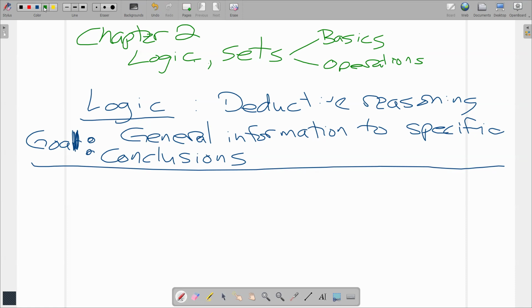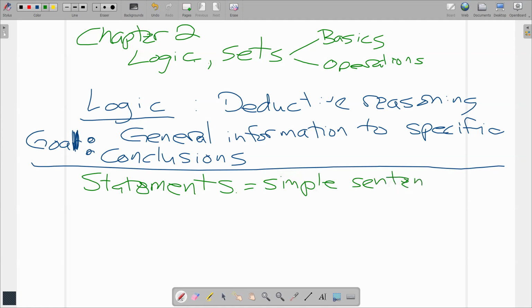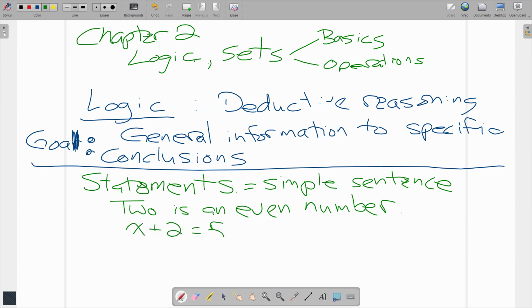All right, so warming up to that goal, a big thing in logic are just statements. A statement is essentially a simple sentence. It could be something like 2 is an even number. It could be something like x plus 2 equals 5.